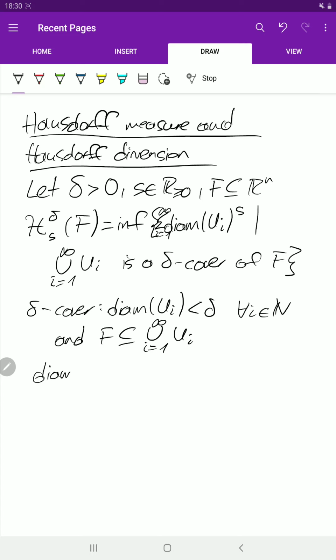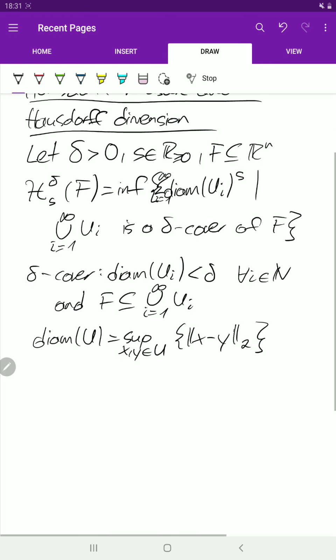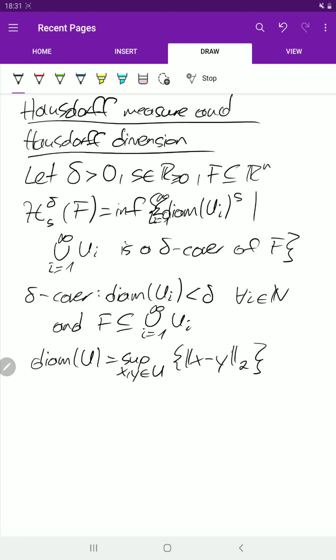Delta cover and the diameter, that's quite intuitive. So we take just the supremum over all elements in our set, and then we look at the norm of the difference, and in our case we will be interested in the 2-norm. So that's the diameter, and so let's look at the definition again.